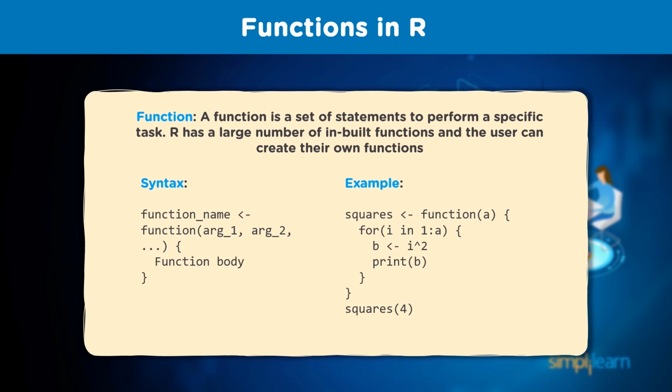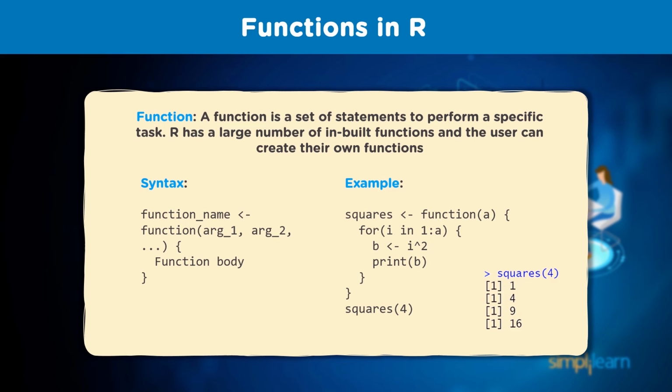So what we would do is square the value in this particular range and assign that to b and print it. Now when we do this, we can call this function and pass in a value to look at the square of that particular value. Now this is a simple example of a function. So this is how it would look depending on what value you have passed to the function.